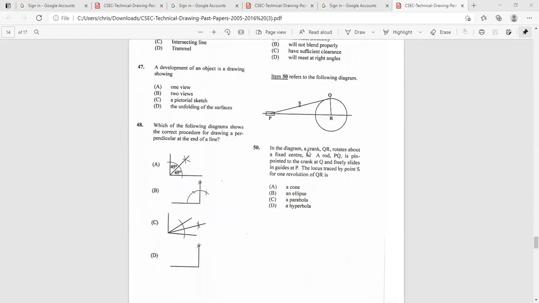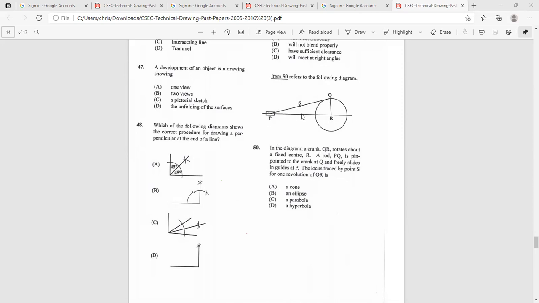In the diagram, a crank QR rotates about a fixed center R. A rod PQ is pinned to the crank at Q and freely slides in a guide at P. The locus traced by point S for one revolution of QR is an ellipse.